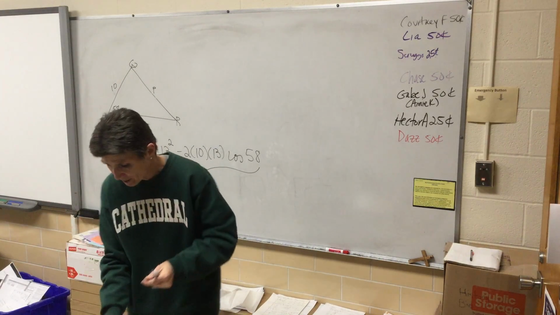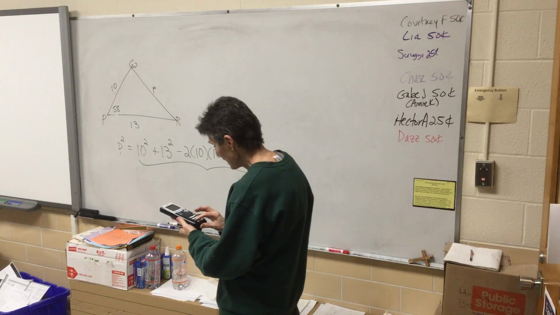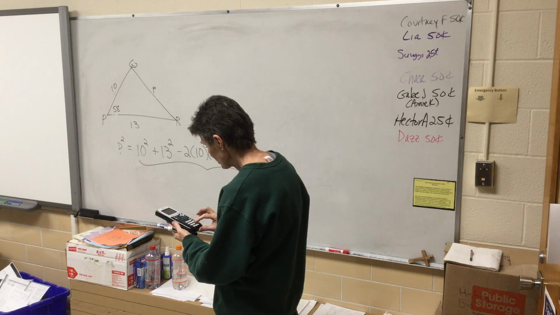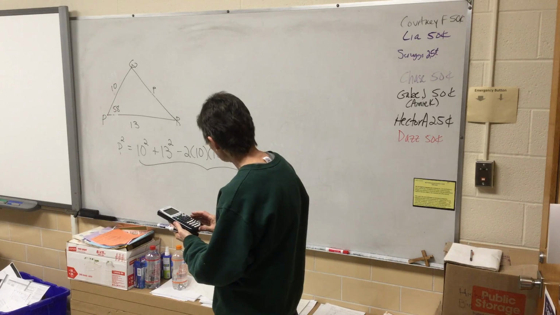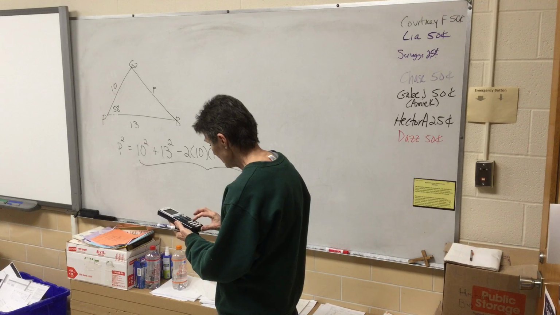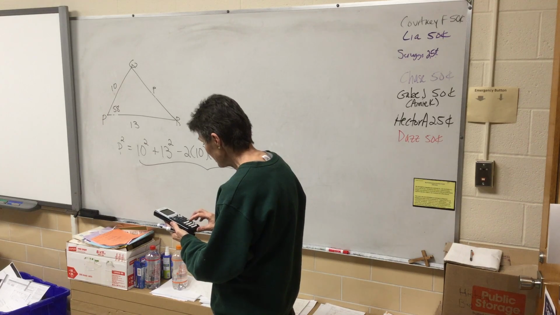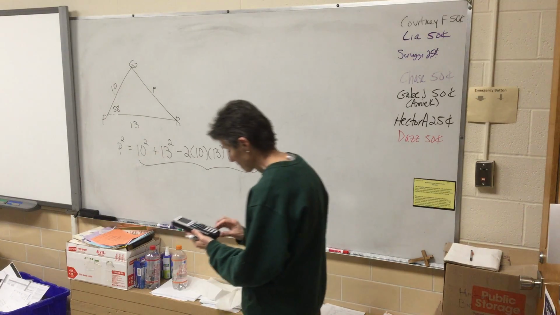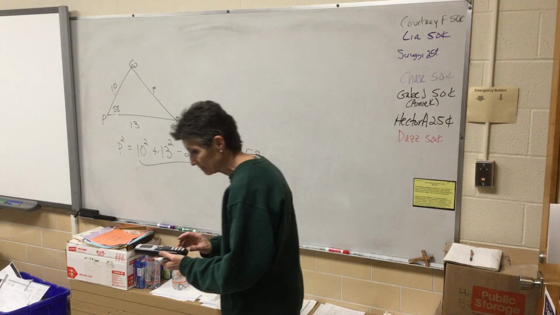On your calculator, type 10 squared plus 13 squared minus 2 times 10 times 13 times cosine 58. And then hit equals.